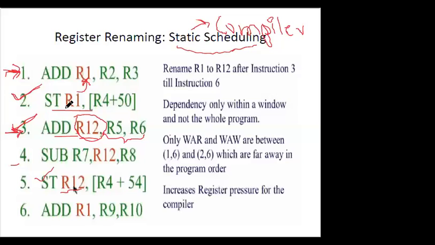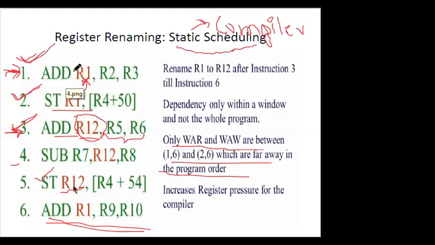So these are dependent on this part. As we can see, we have addressed this WAR and WAW between 1-6 and 2-6, which are far away in the program. Until the program reaches instruction 6, this instruction has performed its execution and the value of R1 has been updated.